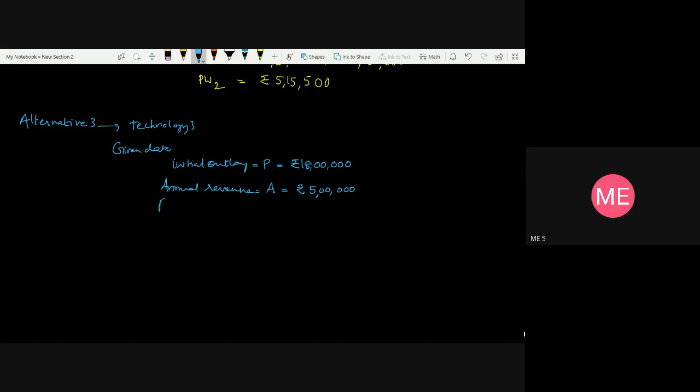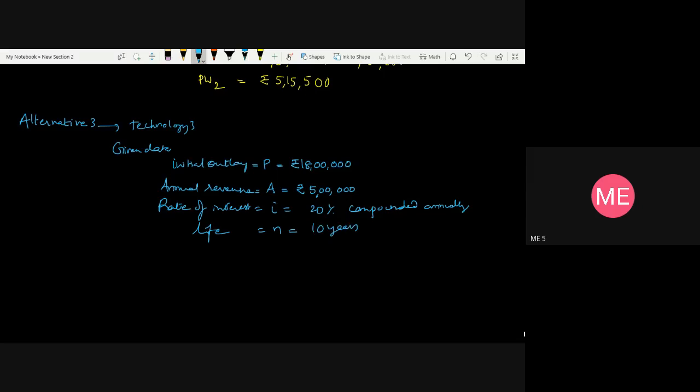And the rate of interest, which is the same for all three alternatives, is I equal to 20% compounded annually. And also the life of this technology we can take as 10 years.